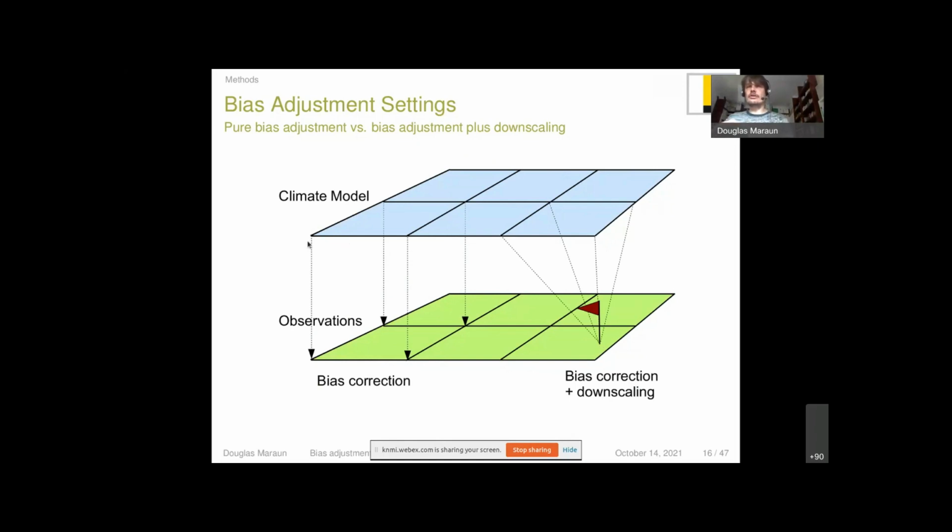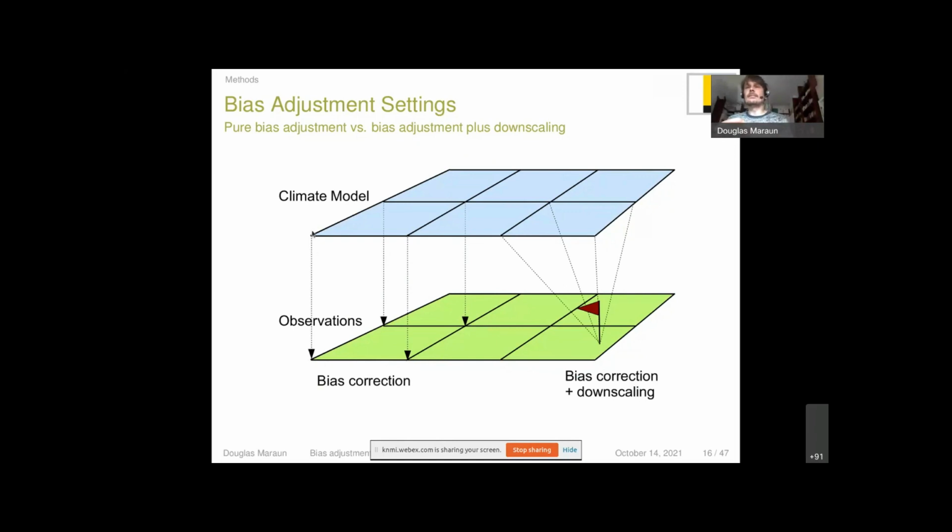And you have then two different settings. If you apply a quantile mapping, in this case, you've got a pure bias correction or adjustment. So in the literature until a couple of years ago, the term bias correction was in use, and now the IPCC, for example, uses bias adjustment. But yeah, it's really the same thing.